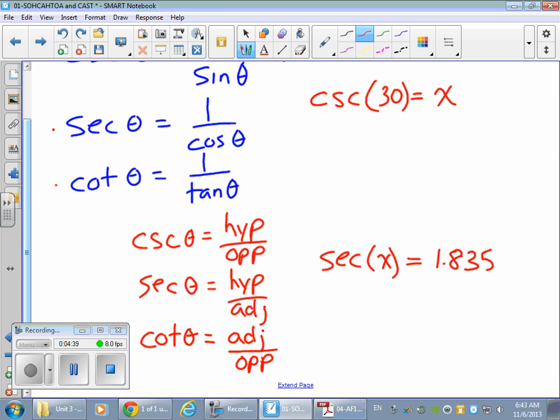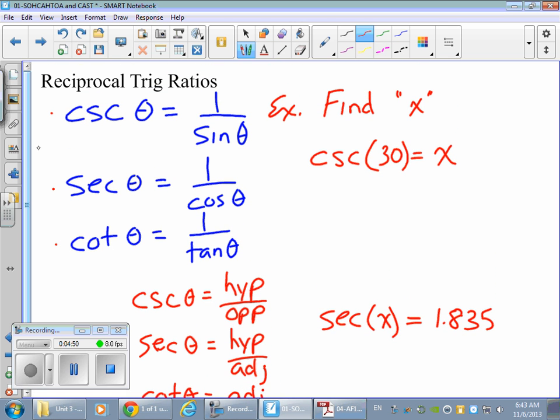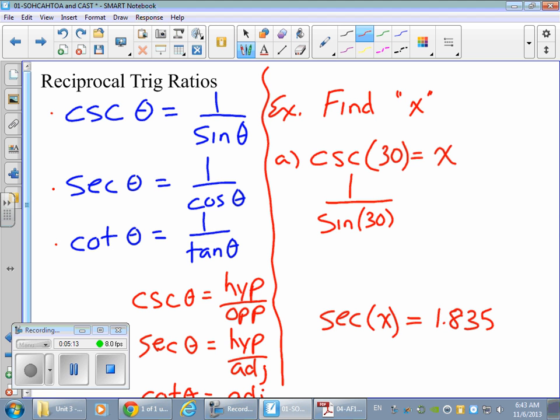So if you are ever asked to find secant, cosecant, or cotan, you just recognize it's the reciprocal of the other one and work it that way. Much more typically, you'd end up with questions where you know cosecant or secant, and you're actually using the reciprocals to solve them. So in the first case, if I have cosecant of 30 is x, I have to recognize that cosecant is the reciprocal of sine, and so I'll rewrite it as 1 over sine of 30 is x.